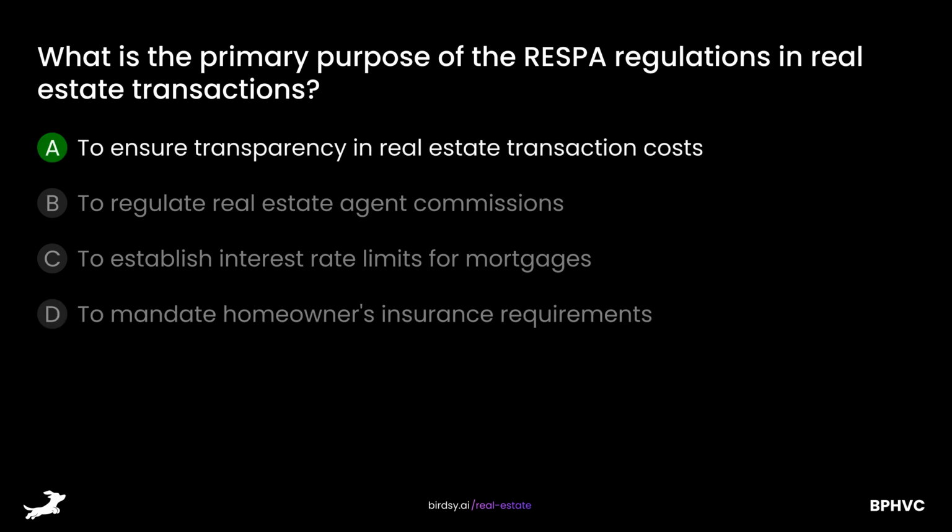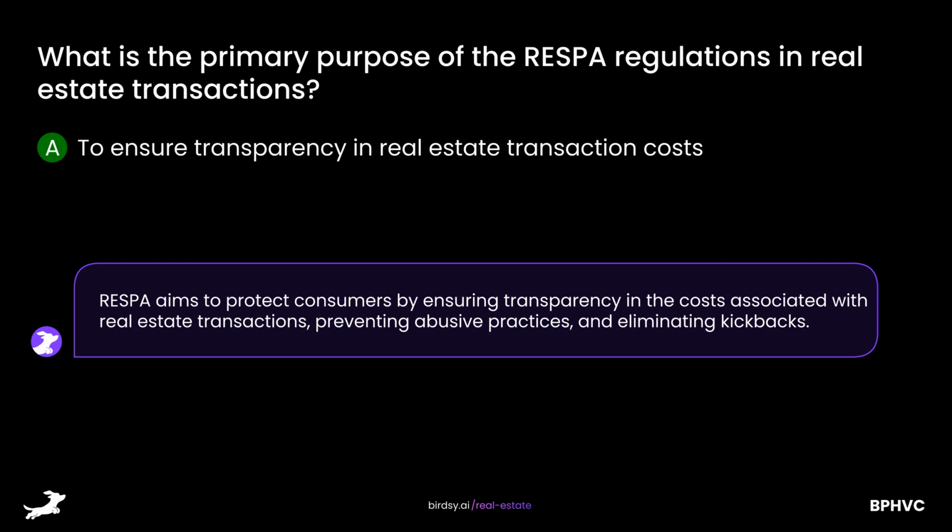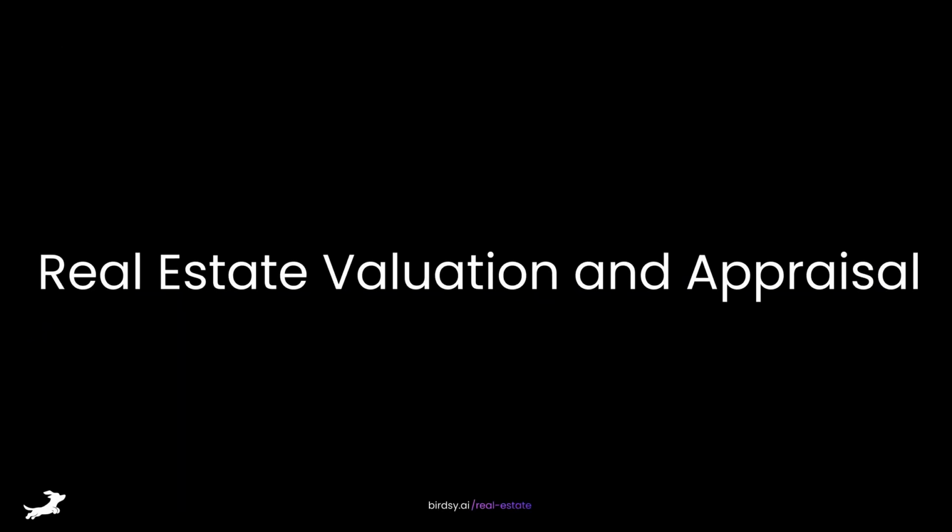The answer is A, to ensure transparency in real estate transaction costs. RESPA aims to protect consumers by ensuring transparency in the costs associated with real estate transactions, preventing abusive practices, and eliminating kickbacks.